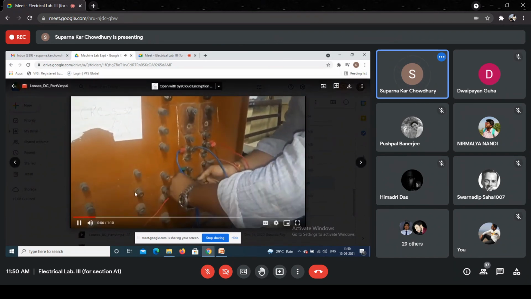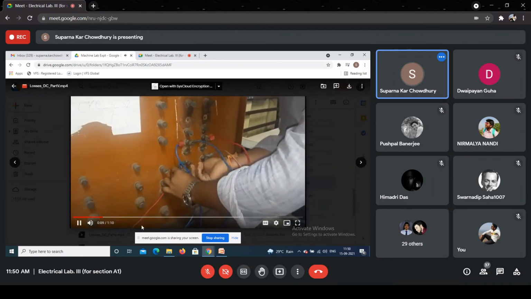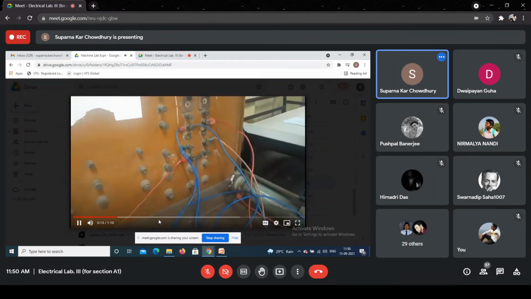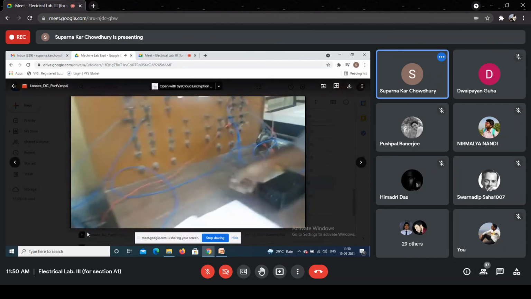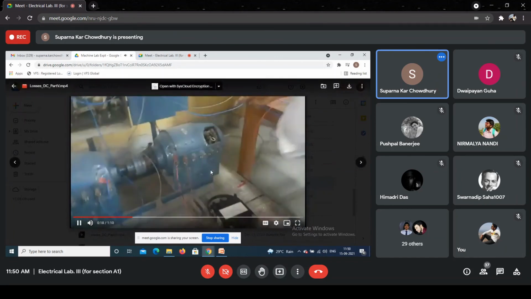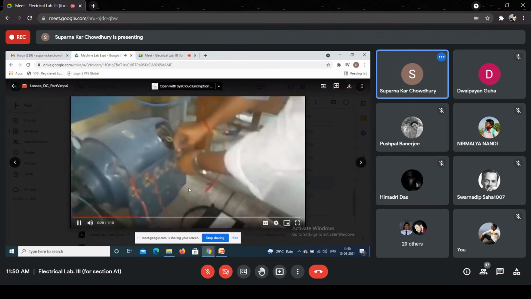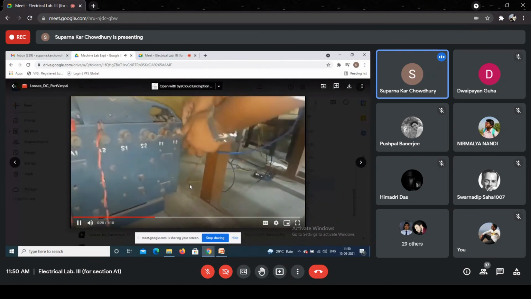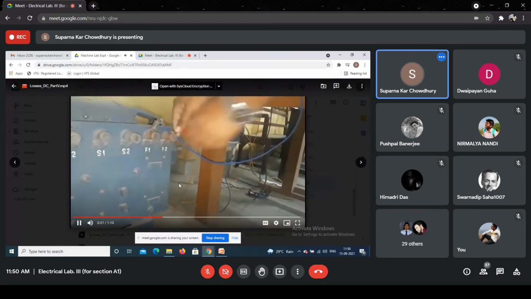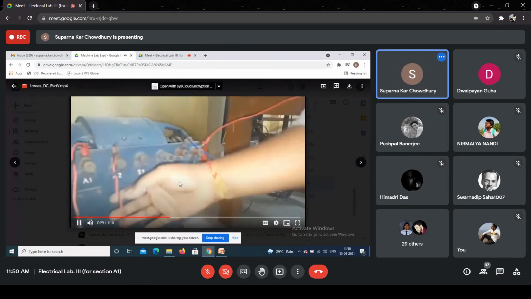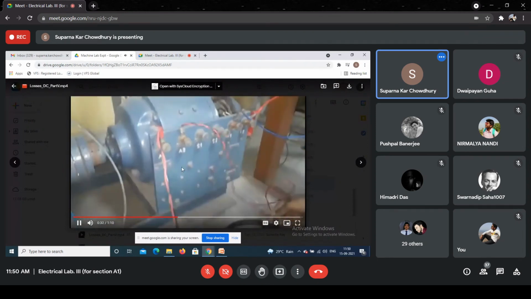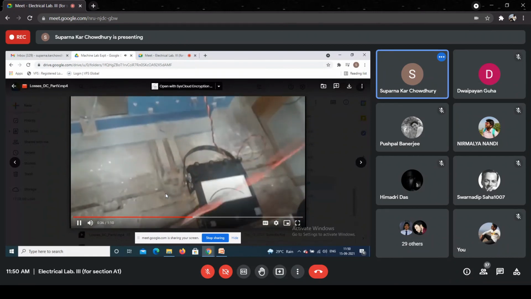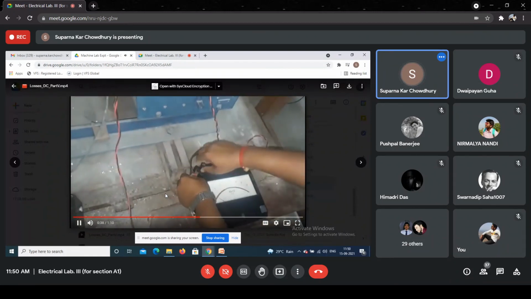This field has to be taken to the field terminal of the generator from the board. It is here, this F1 and F2. These are the field terminals. Here also we are connecting only the shunt field. We are not connecting the series field. So this is the voltmeter connected to the armature terminal of the generator. So both machines are connected as shunt machines.